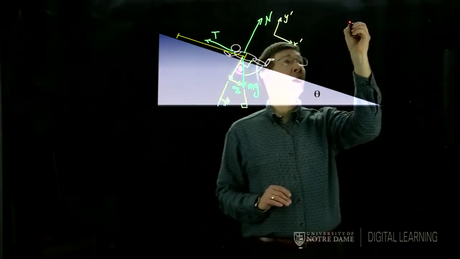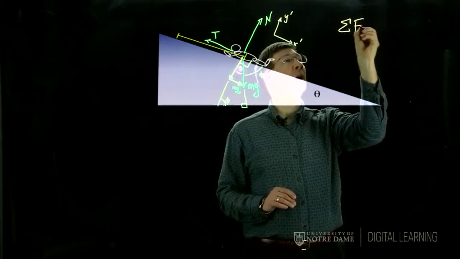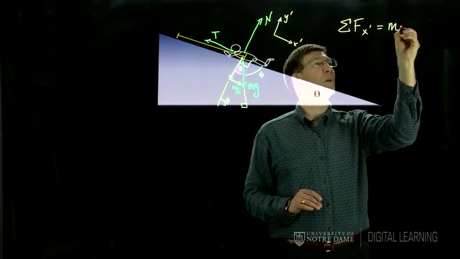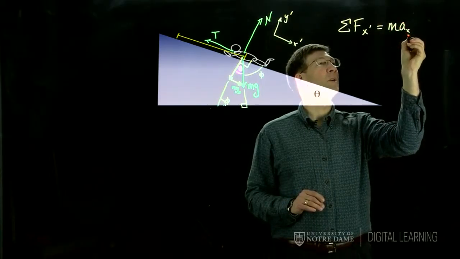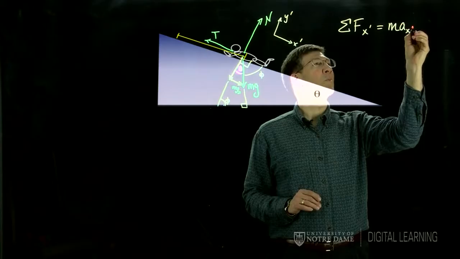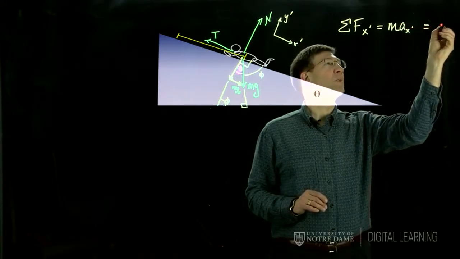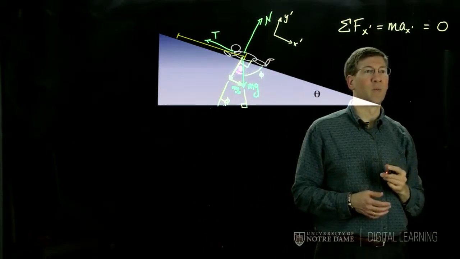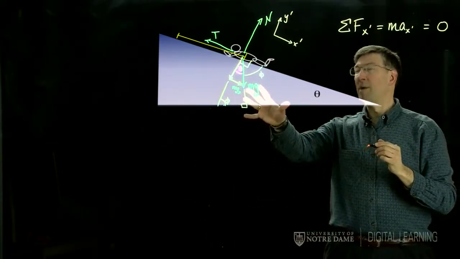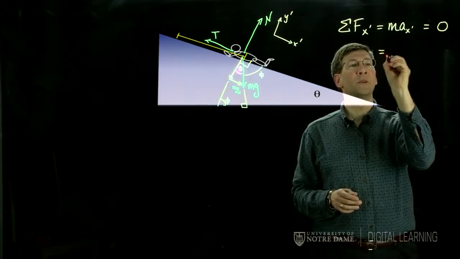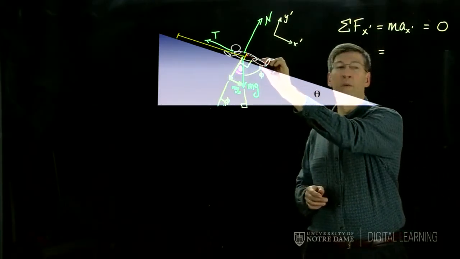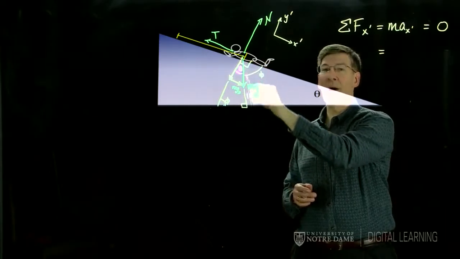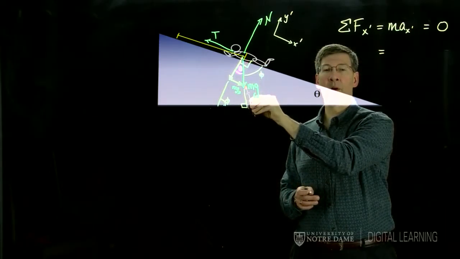So I can write that the sum of the forces in the x-hat direction is going to be equal to the mass of the climber times his or her acceleration in the x prime direction. And so that's going to be equal to 0, of course, because the climber is not sliding down the slope. Now, if I look at these components, the x prime component of the weight is equal to mg, which is the hypotenuse of this triangle, times sine theta.